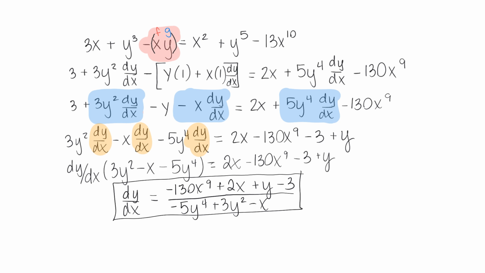Cool, huh? Okay, and let's try one with quotient law. So what if we have y cubed plus x squared divided by y equals 8. All right, so here's our quotient law right here.